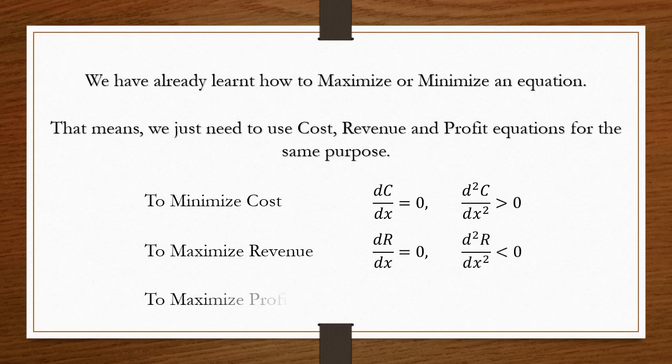Okay, to maximize we need less than 0, to minimize we need more than 0. To maximize profit, dp upon dx will be 0 and d square p upon dx square will be less than 0. Now, these are the only conditions which we need. Maximization, minimization we have already done. So let us take some illustrations and understand how to minimize cost, how to maximize revenue, how to maximize profit.